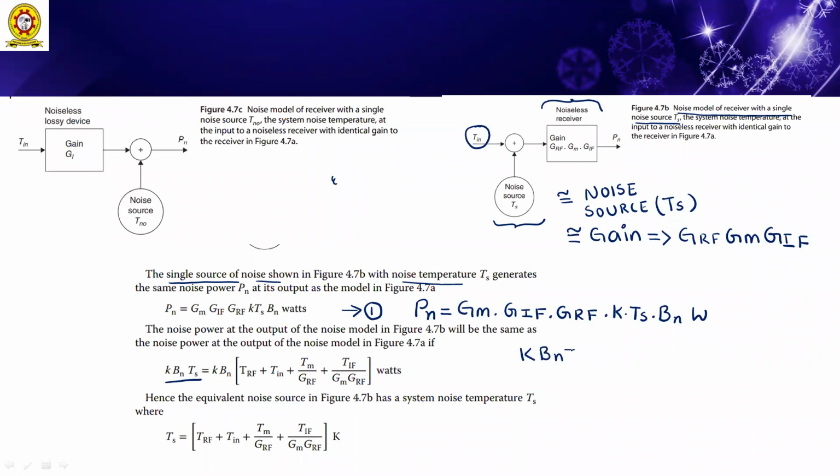K B N Ts equals K B N multiplied by the RF system input noise, TRF, plus TM by GRF, plus TIF divided by GM GRF.